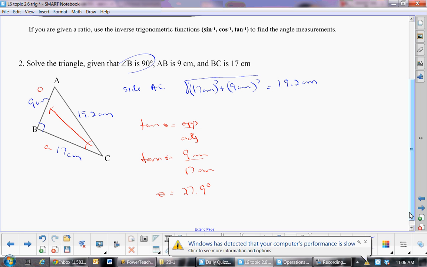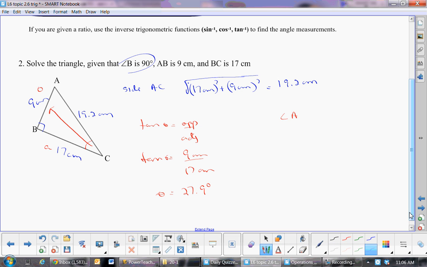Okay? Now, give me 2 ways I can get angle A. Okay, who's got one way? I don't want them both. Give me one way. Yes? You could do cos? Okay, why? If you were doing angle A, I would still stick to opposite over adjacent.